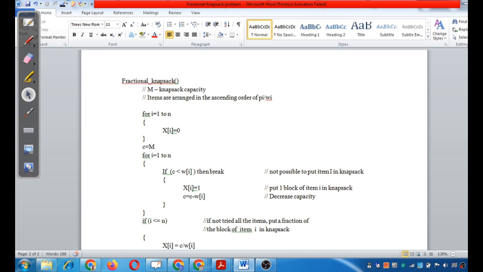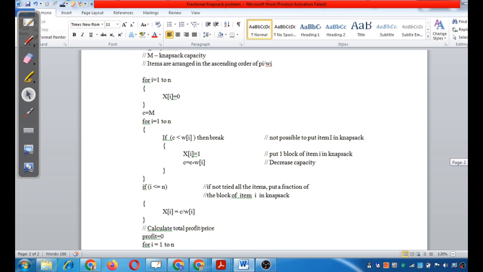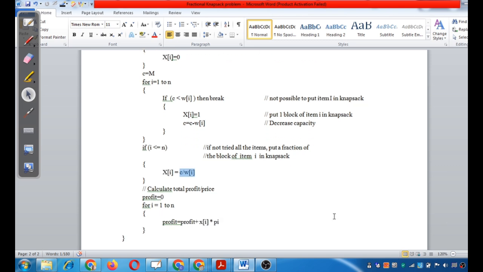If we have not tried all the items, we will pick a fraction of the item we have tried to put in the knapsack. After filling the knapsack, we will calculate the profit by multiplying the xi value with the profit of the item.